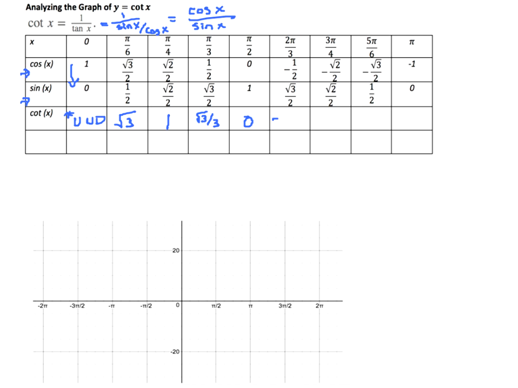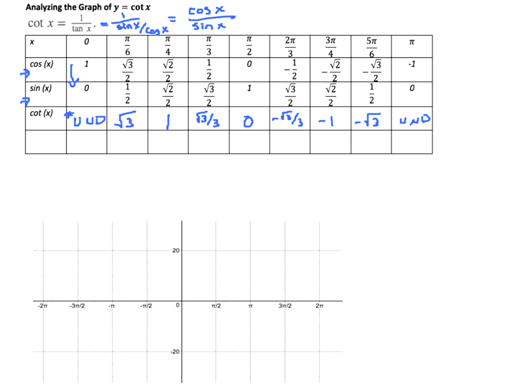Negative 1/2 divided by square root 3 over 2 is negative square root 3 over 3. Negative square root 2 over 2 divided by square root 2 over 2 is negative 1. Negative square root 3 over 2 divided by 1/2 is negative square root 3, and negative 1 divided by 0 is undefined. Another asymptote.